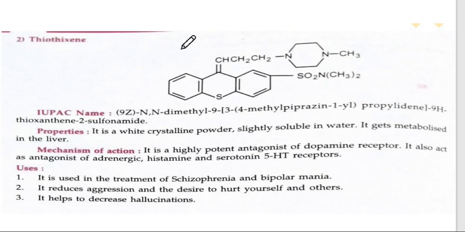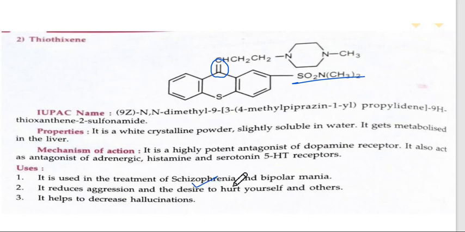Then we have thiothixene. Again, you can see what the difference is. The aliphatic side chain was there, here a piperazine ring has come in, and you have SO2 and N(CH3)2. Okay, metabolized in the liver. It is a highly potent dopamine receptor antagonist and also acts as an antagonist of adrenergic, histamine, and serotonin 5-HT receptors.